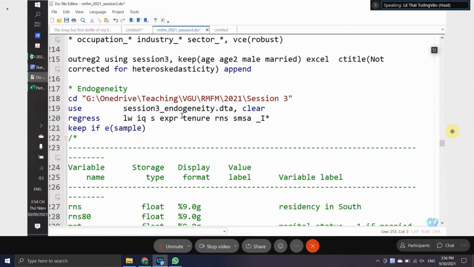The problem is that your IQ might be high, but it might not reflect your ability. The IQ is just one variable explaining how capable you are in learning, in earning, right?